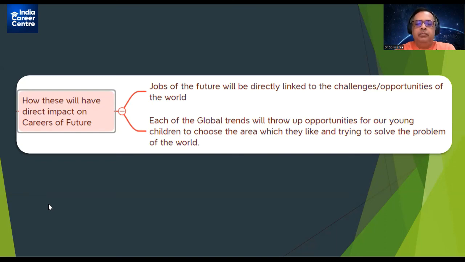Jobs for the future will be directly linked to the challenges and opportunities of the world. I mean, it was always like that, and it will be even more so in the coming decades. Each of the global trends will throw up opportunities for young children to choose the area which they like and try to solve the problems of the world.